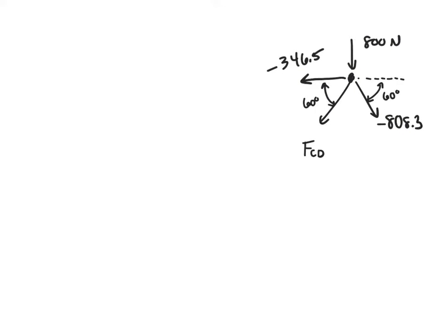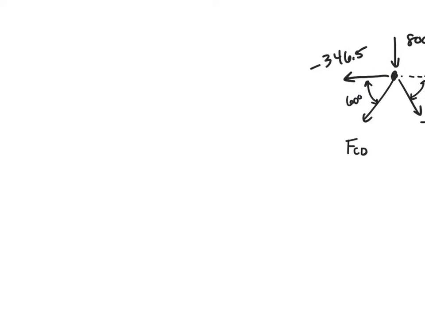And now I need to start looking at my equations of motion. And remember, I don't look at torque for these. I look at the sum of the forces. So I start with the sum of the forces in the x direction. Now, take a look at FCD. It's the only unknown. Everybody sees that? So do I need 2 equations then? So I could pick either x or y.